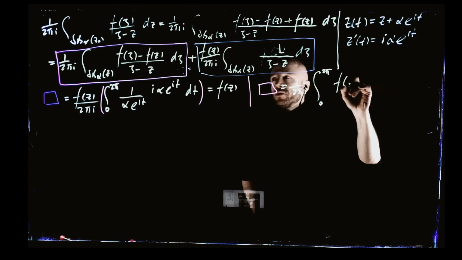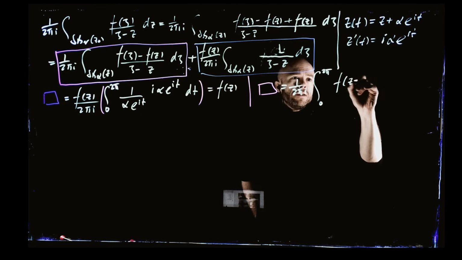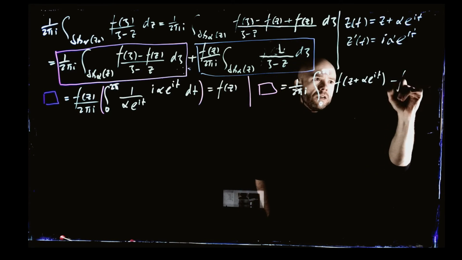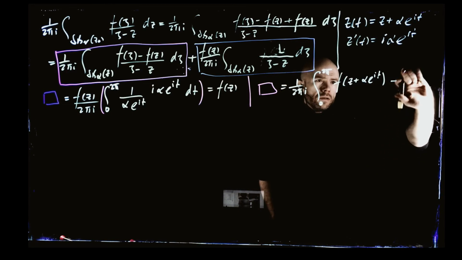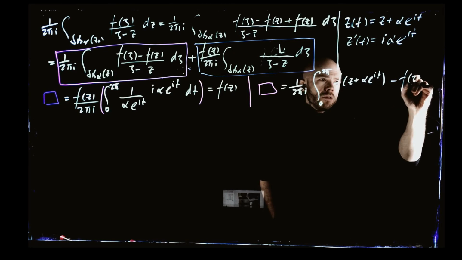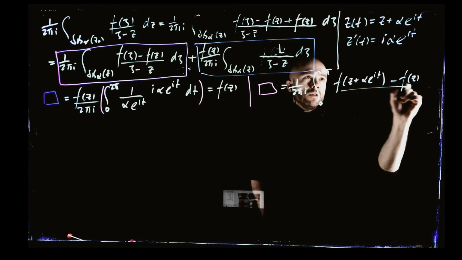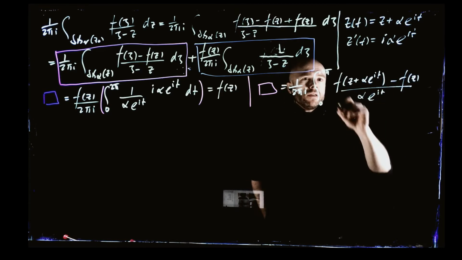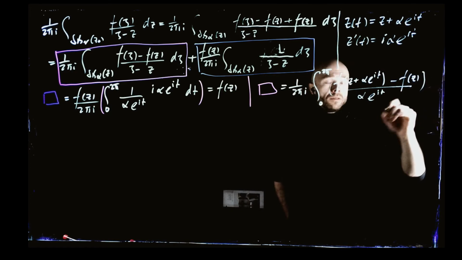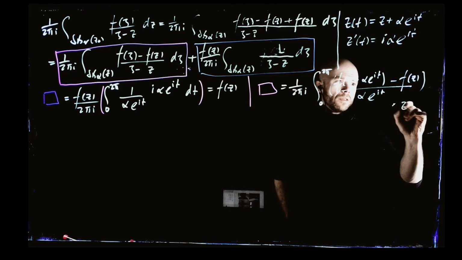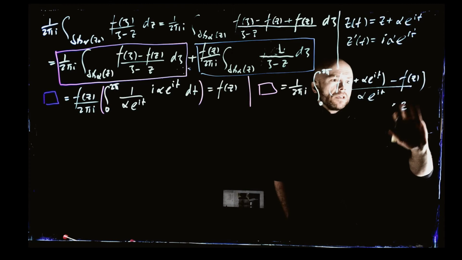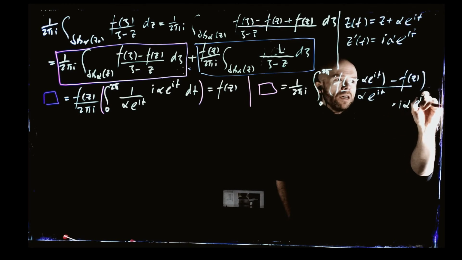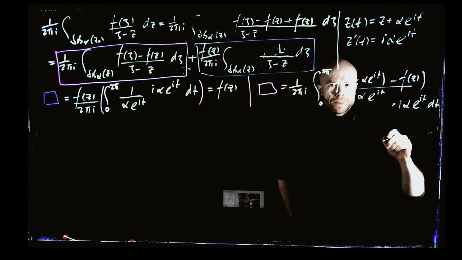So we're going to have f of z plus alpha e to the it minus f of z, and then on the bottom, we are just going to have alpha e to the it. And then this is multiplied by z prime of t, and z prime of t is this thing here. So it's just i alpha e to the it dt.